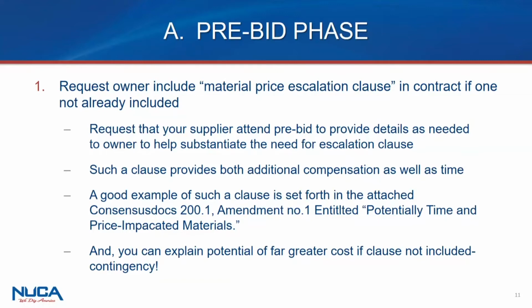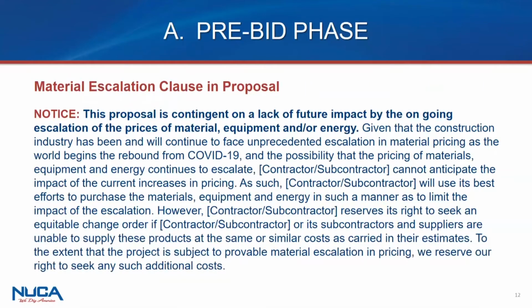Right. So here's an example of a material escalation clause. And we urge you to take this as an example and to use it because it really satisfies what you need to do to put everyone on alert that you're going to ask for additional money, right? So you're giving out this proposal, and you've got to make sure that you're attaching to this proposal the reasons that you think you're going to be coming back potentially asking for additional money.